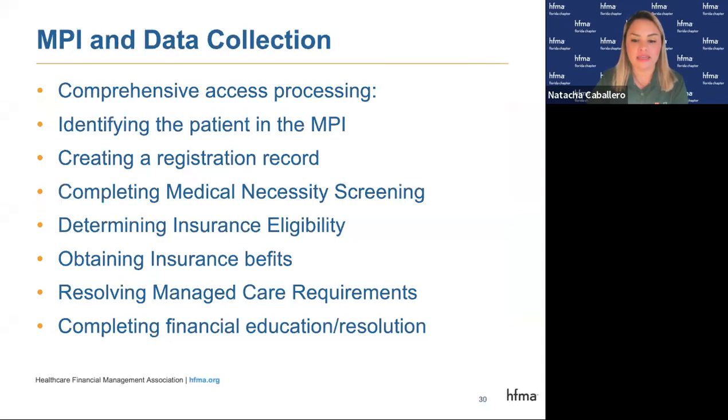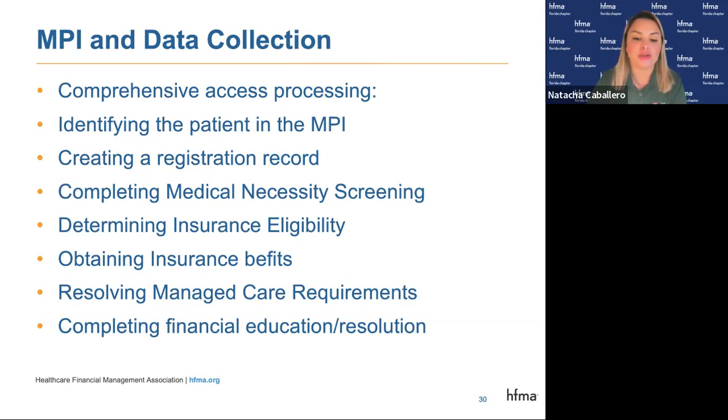MPI and data collection. The first critical step for all patients arriving for service, scheduled or unscheduled, is to verify the identification. Express check-in should be established for scheduled and pre-registered patients, either in a designated area or within the service department.